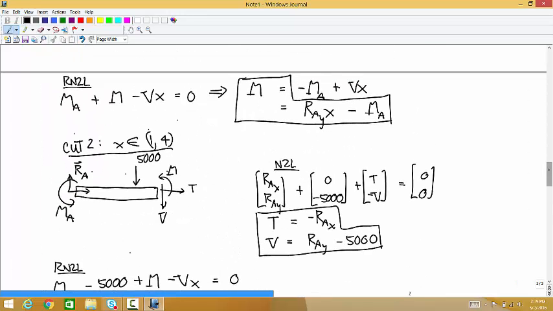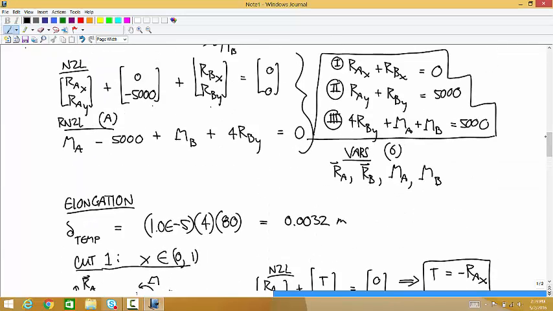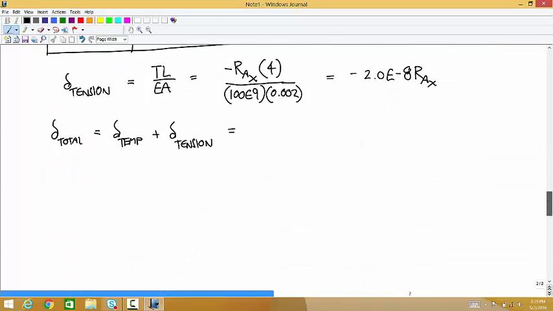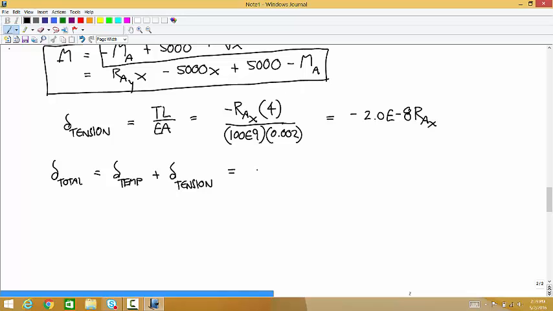For tension, what do we get there? 0.0032. So 0.0032 minus 2.0 times 10 to the minus 8 RAX is equal to 0.